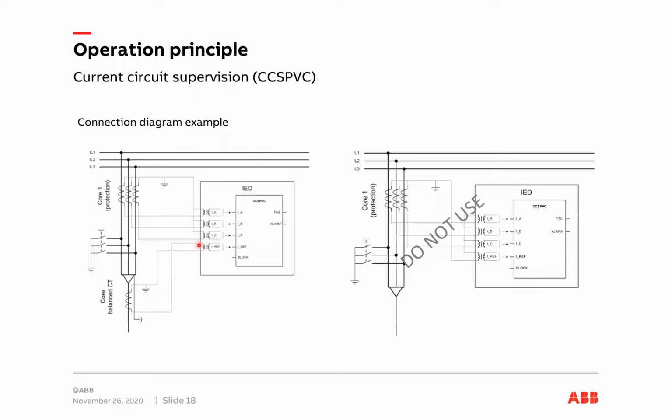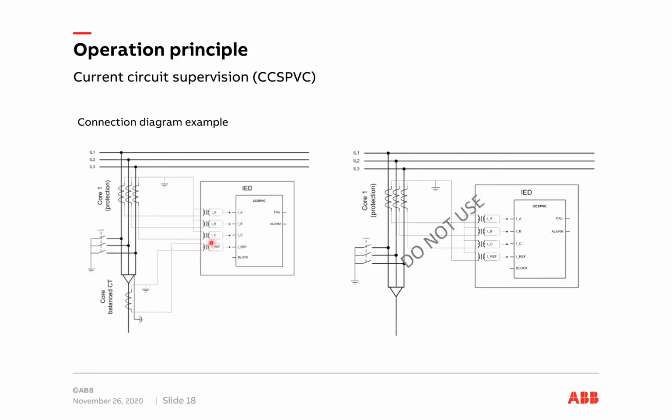In a normal situation, when it's calculating the sum of the three-phase current, it should be 0, and also the earth fault current, the reference current in this case, will also be 0. So that is in a normal situation.